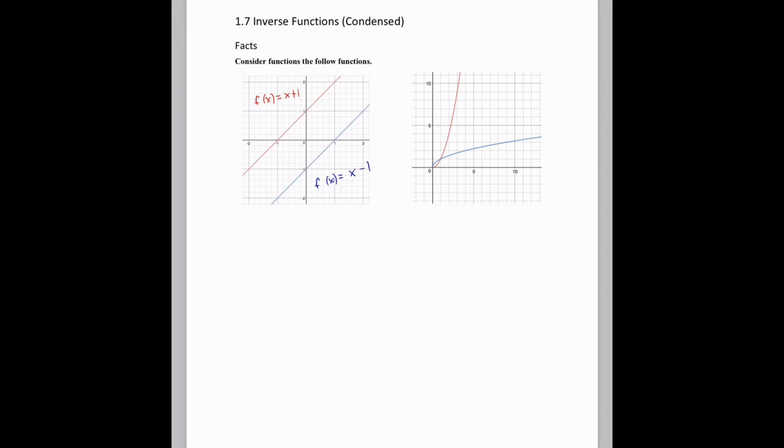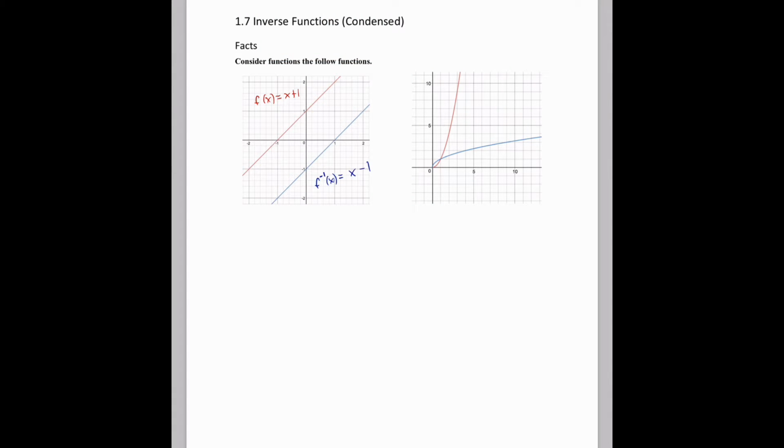And in fact, it turns out, and we'll dive into this a little more, that this blue one is actually the inverse. And we put that little negative 1 there to indicate that it's an inverse of the red line. And then if we come over to this next one, we can see that we have two more graphs here.